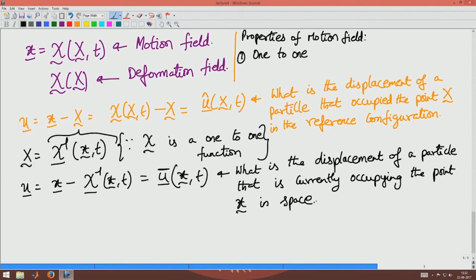Okay. Now, by the way, this way of writing the displacement, this representation, is called the spatial or Eulerian description.